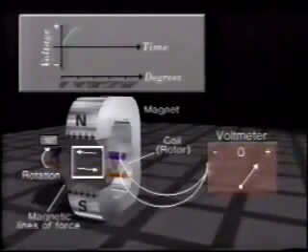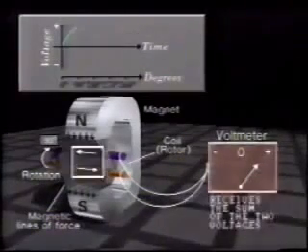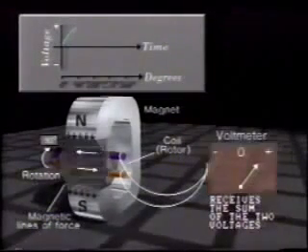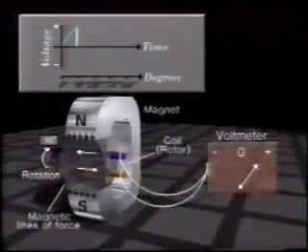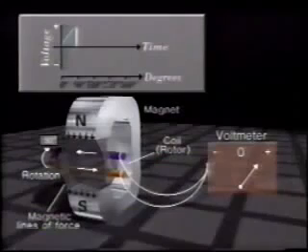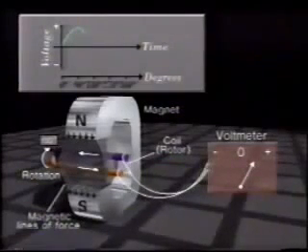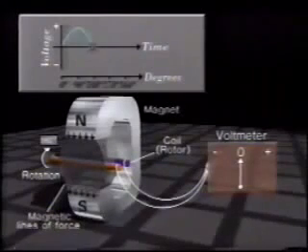The direction of induced voltage in the blue conductor is opposite to the voltage in the red conductor. The voltmeter therefore receives the sum of the two voltages. As the rotor moved from 0 degrees to 90 degrees, the voltage has increased like this. And then, as the rotor moves from 90 to 180 degrees, it decreases like this.